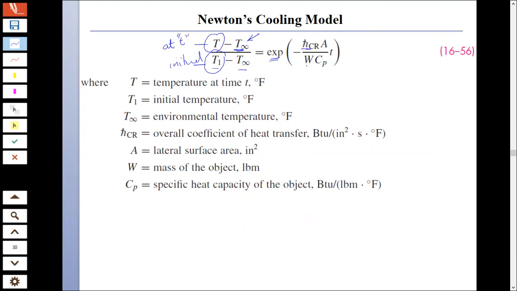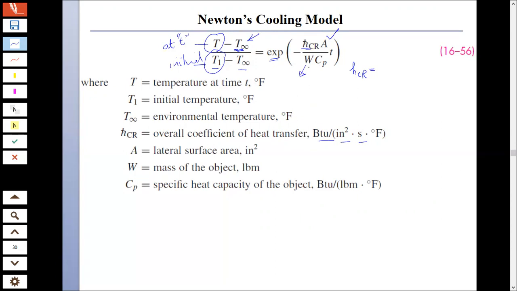What is h_CR? It is the combined, or overall, coefficient of heat transfer in BTU per inch squared second degree F. A is the area from which heat transfer takes place.